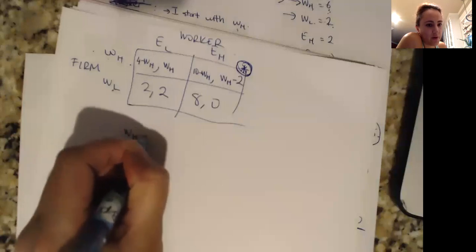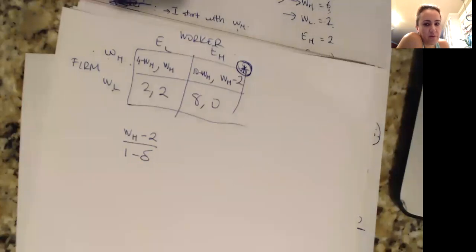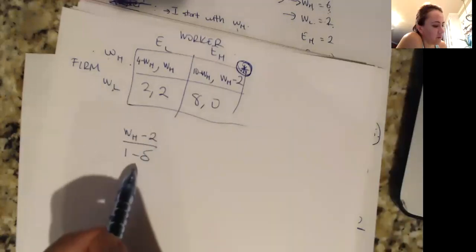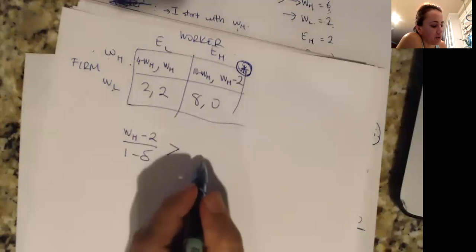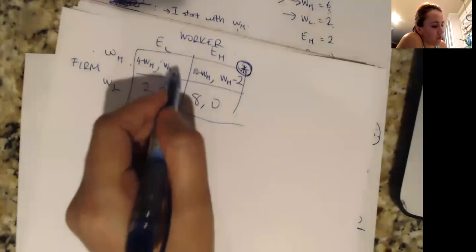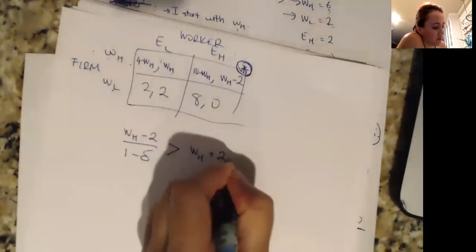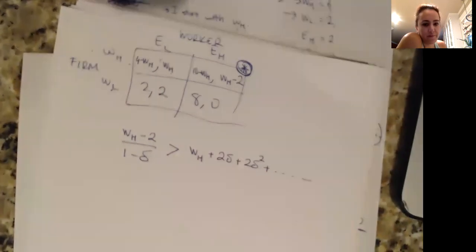So an infinite sum of WH minus 2 is going to be WH minus 2 divided by 1 minus delta. So this was like 4 divided by 1 minus delta from the previous part. And if he chooses to cheat, he's going to get WH for 1 period, and he's going to get 2 for all other periods.